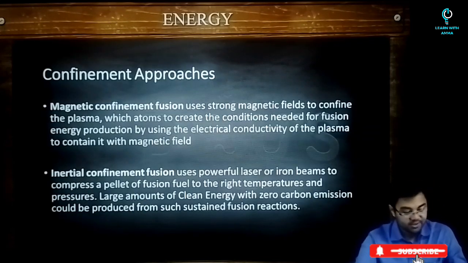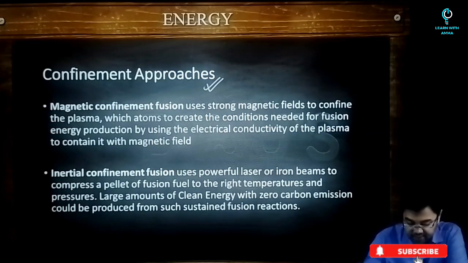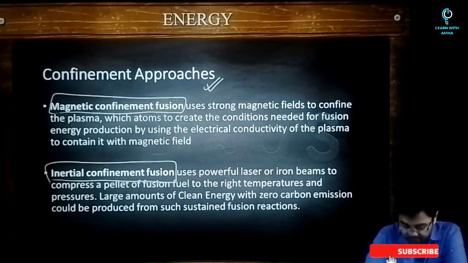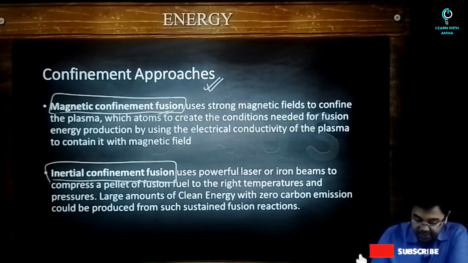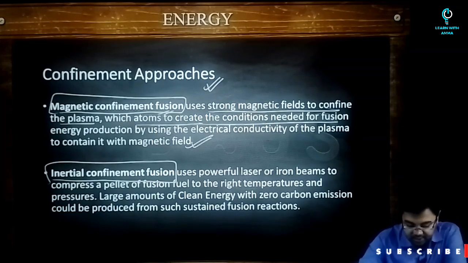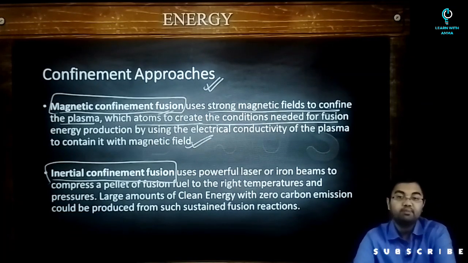And to do this, we have 2 different kinds of confinement approaches. One of it is called as magnetic confinement approach and the other one is called as inertial confinement approach. So what happens in magnetic confinement approach is that it uses strong magnetic fields to confine the plasma, to create the conditions needed for fusion reaction production by using the electrical conductivity of the plasma to contain it with the magnetic field.